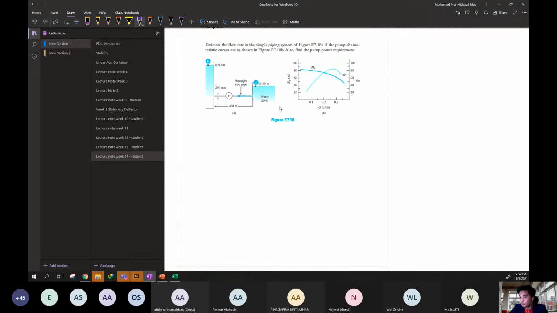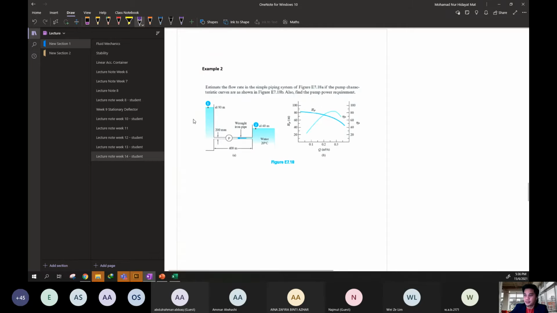From the Reynolds number, you need to find the friction along the pipe. So here, you need to assume the flow is completely turbulent.